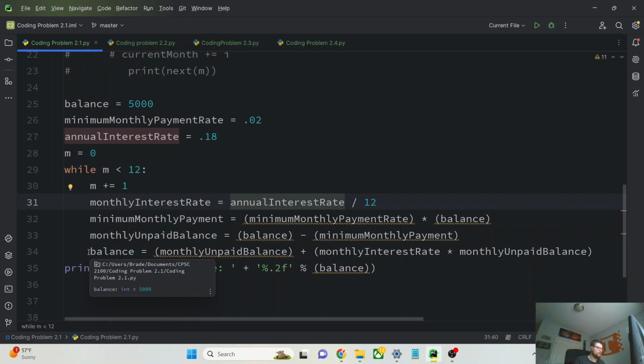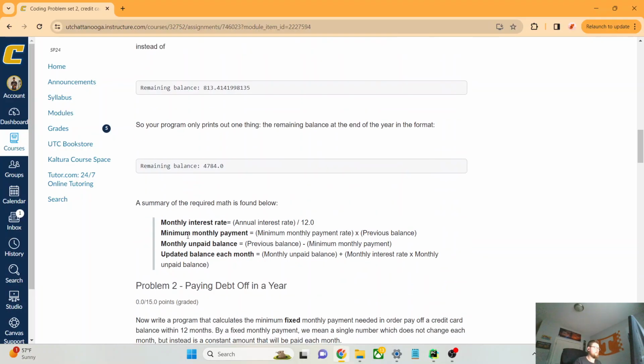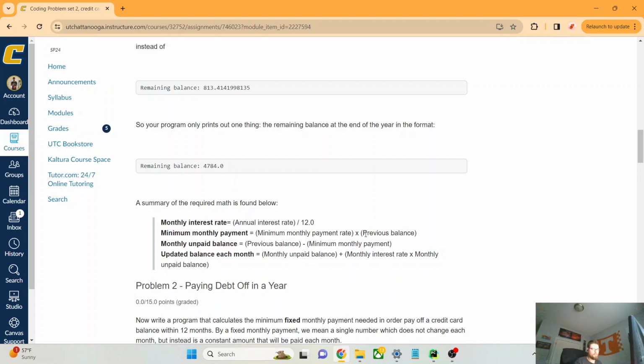So then we're going to set our balance. We're using that balance, and our balance is constantly changing. So now our balance is equal to the monthly unpaid balance plus the interest rate times the unpaid balance. It took me a little bit to figure out this calculation here. I know you give us a lot of it down here, but some of this is a little wonky, like previous balance.